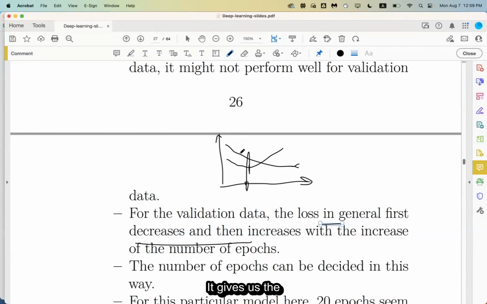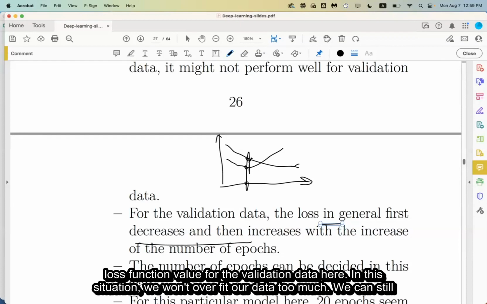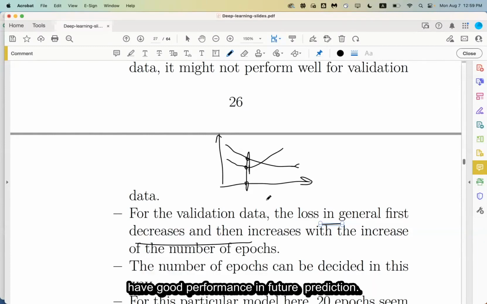It gives us the loss value for the training data here, but gives us the loss function value for the validation data here. So in this situation, we won't overfit our data too much. We can still have good performance in future prediction.